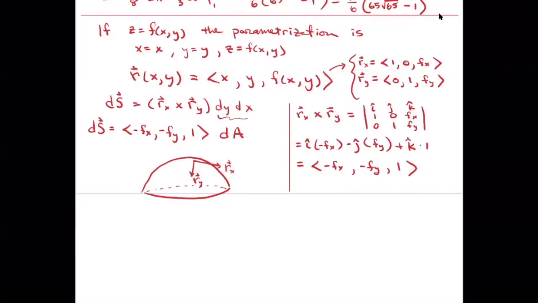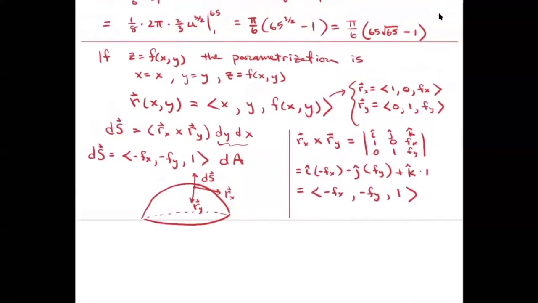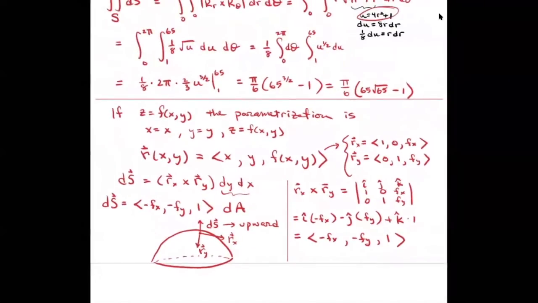And then I'm going to have ds going up this way. Okay. And I've got it pointing up. It's an upward normal because the z component is positive. So this is upward, coming up from the surface, but it's not pointing straight up.